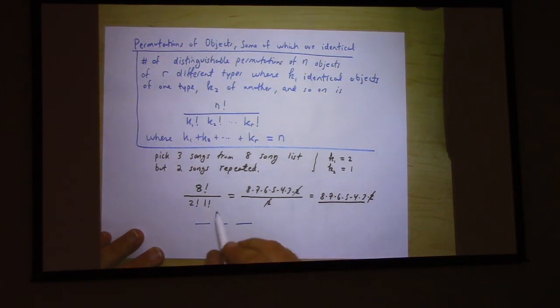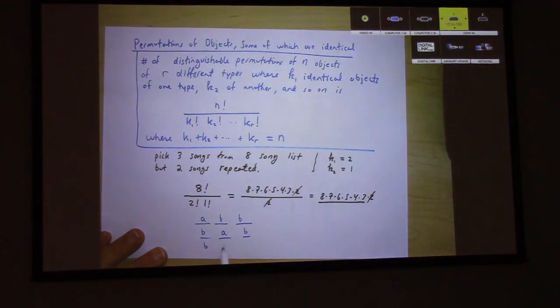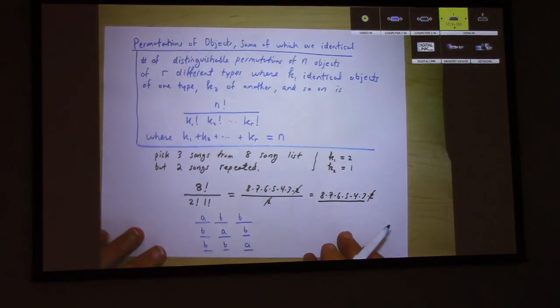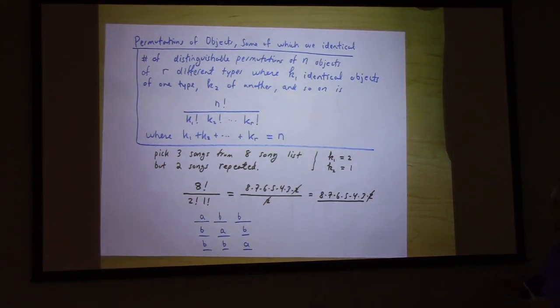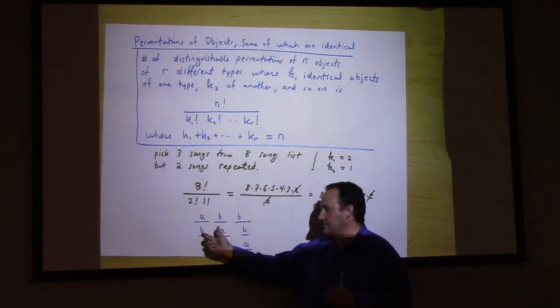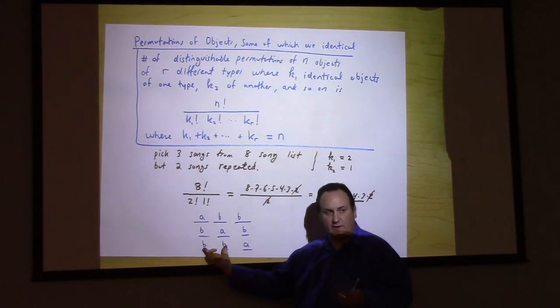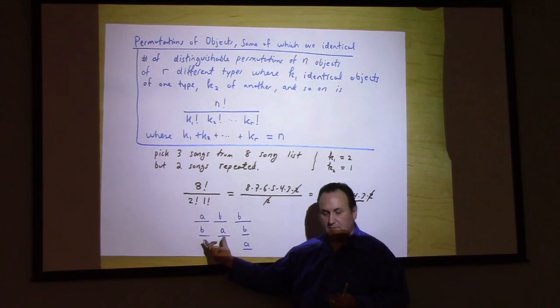I have to make a diagram. So it's like you have A and then B and then B, or you have B, A, B, or you have B, B, A. If you're picking 3 songs with 2 songs repeated, either you've got the repeat at the end of the playlist, or at the start and the end, or at the start. But some way or another, you're going to repeat that song twice.